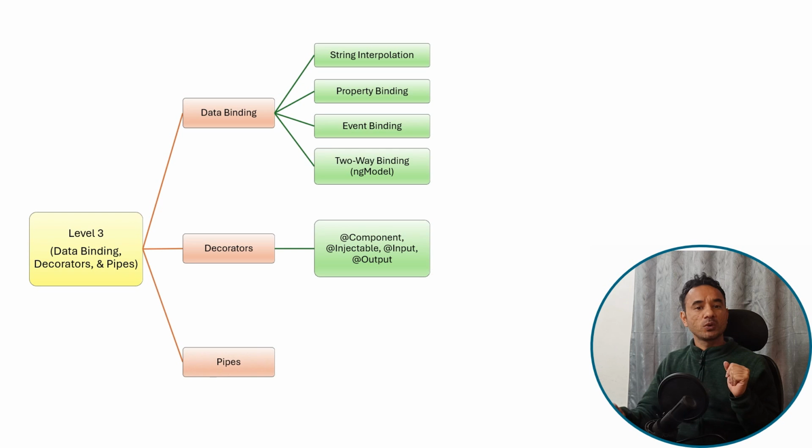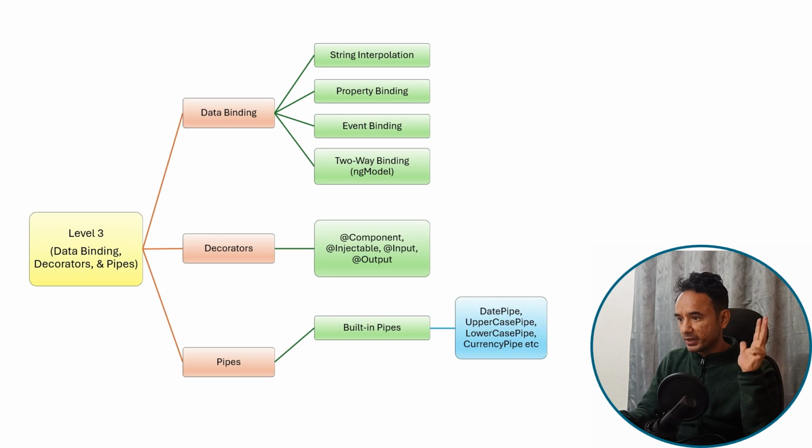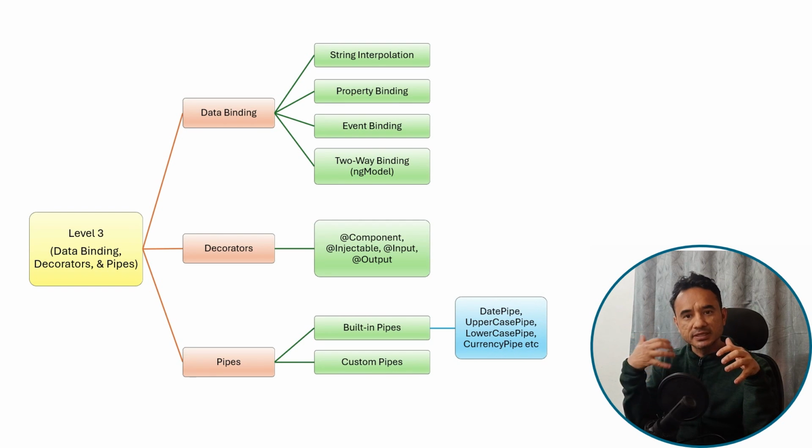Then explore pipes, which are sometimes used for filtering the data result. Filters, you know filters, right? So pipes can be of built-in types provided by Angular, like we have date pipe, uppercase, lowercase, currency pipe. Okay, or you can make your own custom pipes as per your requirement.